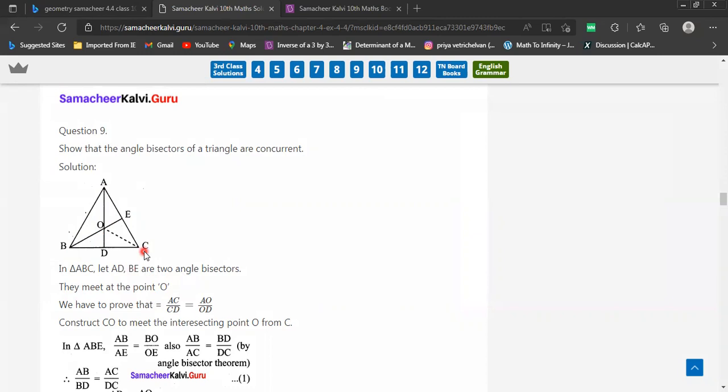So what do we have to prove here? We have to prove AC upon CD is equal to OA upon OD.